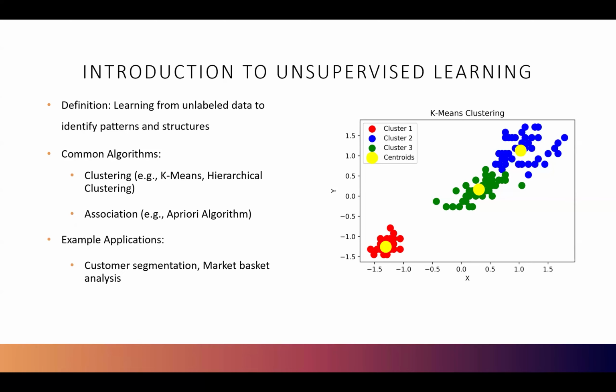We don't have enough data, maybe we don't know, and we use certain algorithms like clustering algorithms and association algorithms, like k-means, hierarchical clustering, the a priori algorithm, to basically group the data. And one of the really good examples is customer segmentation and market basket analysis.